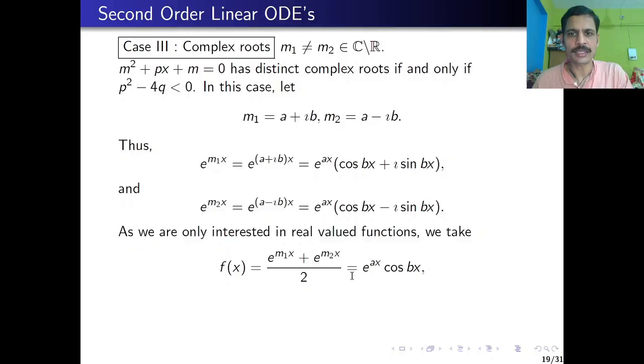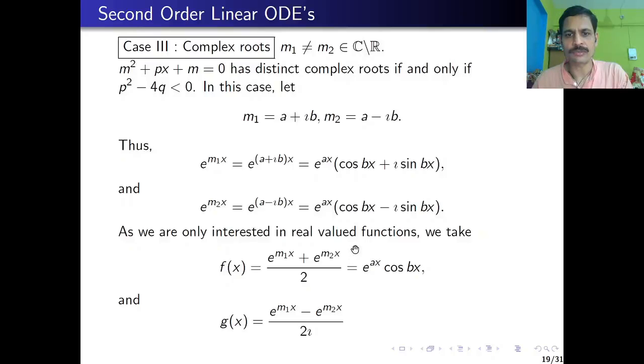To obtain the other real valued function which will be a solution, we consider e raised to m1x minus e raised to m2x, divided by 2 iota.